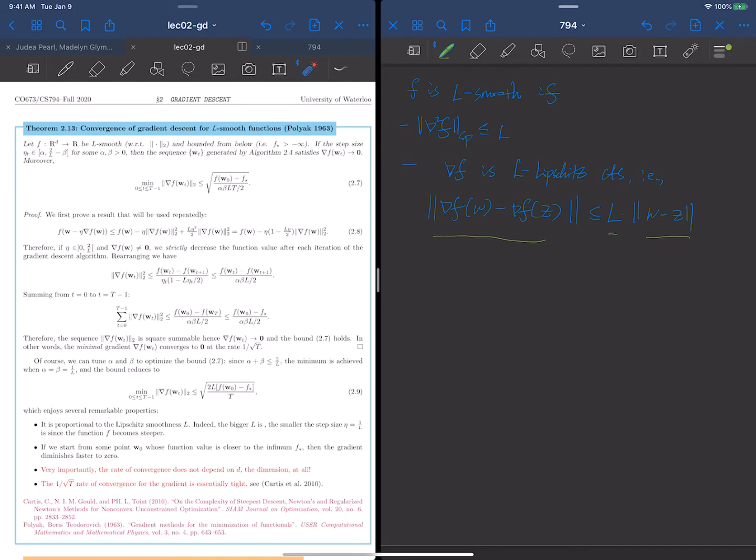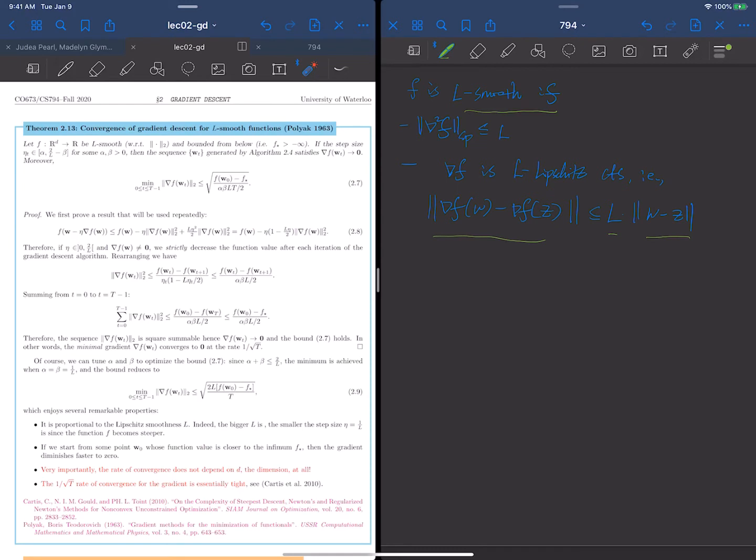You go back to our definition of L smoothness. We're assuming the function f is L smooth, so we can expand the function. This is f of the next iterate w after the gradient descent update with step size eta. I'm going to choose this as w, this as z, and apply L smoothness.